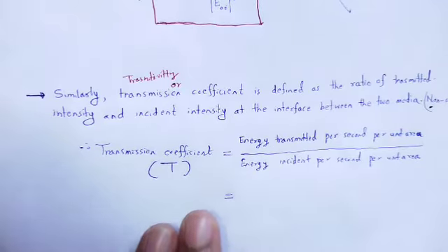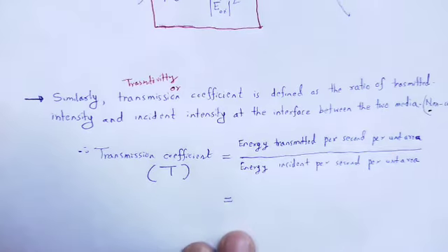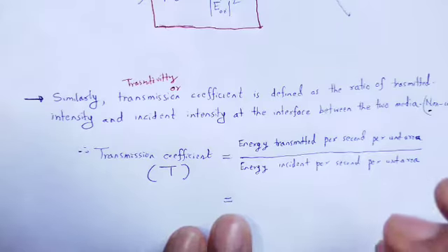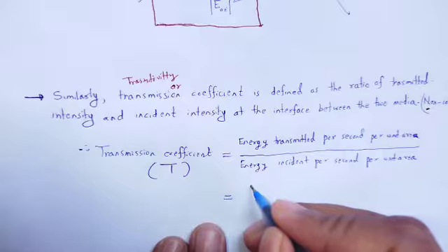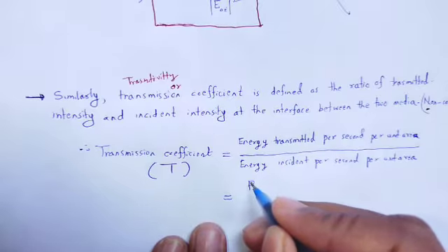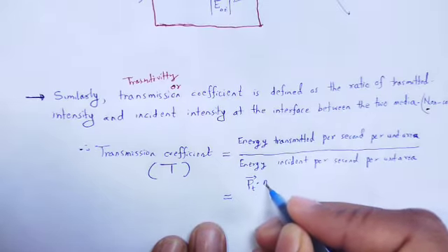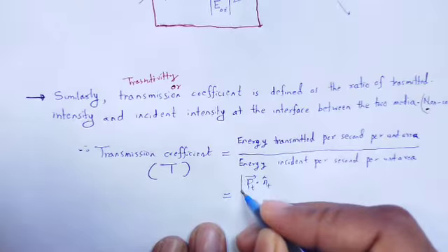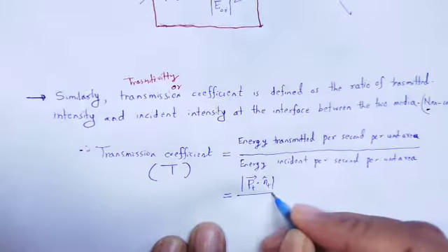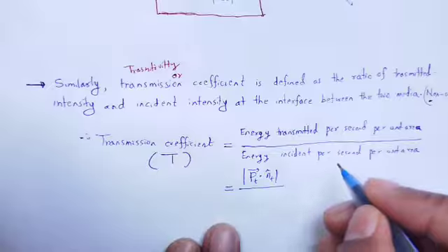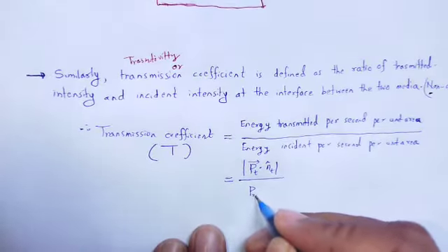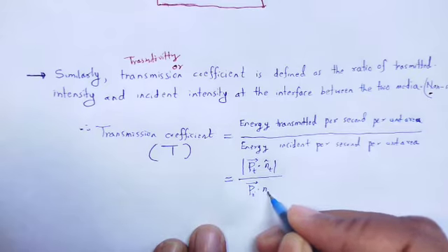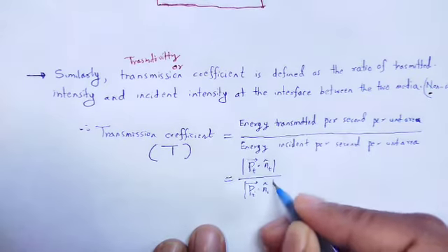Coming to the mathematical part, it can be shown in terms of the Poynting vector. In terms of the Poynting vector, it is written as Pt vector dot nt cap magnitude, for incident, Pi vector dot ni cap magnitude.